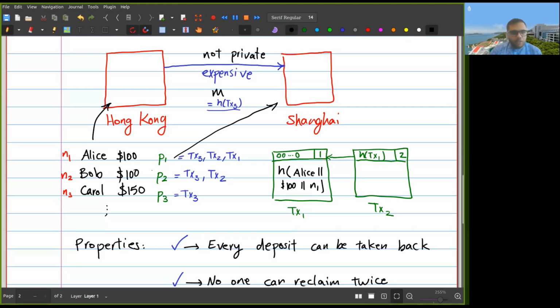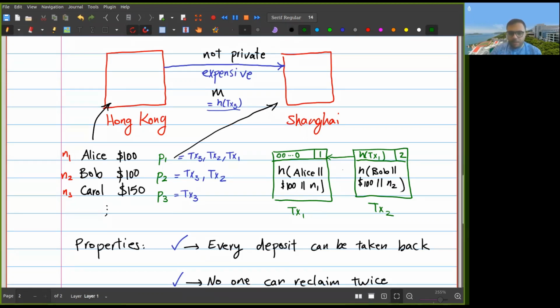And then again, I want to make sure that this transaction says that Bob paid $100, but I don't want that to be easy to access, so I just hash it. I take this string that has the name of Bob, concatenated with the amount, which is $100, and concatenated with Bob's random number, N2. Okay.